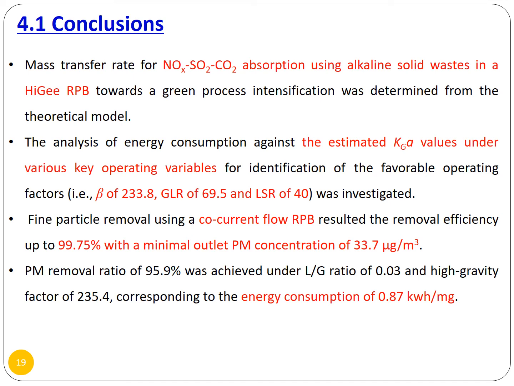And we also analyze the energy consumption against the mass transfer coefficient under different operating variables, so we can find the favorable operating factors. For fine particle removal using the RPB reactor, we also found very high removal efficiency, and we also observed the balance between the energy consumption and the particle collection.